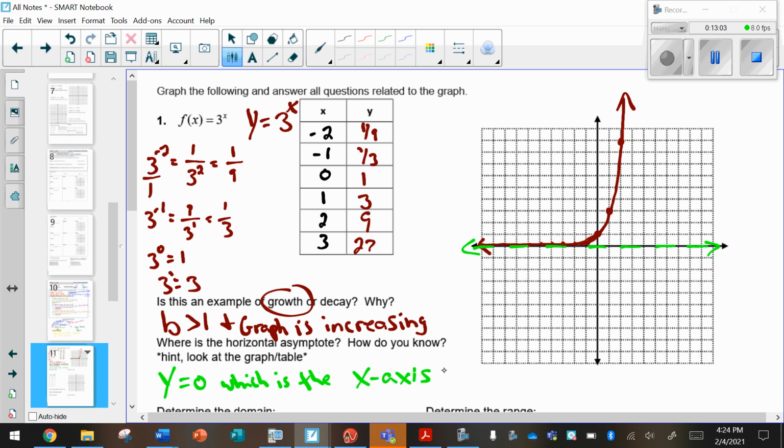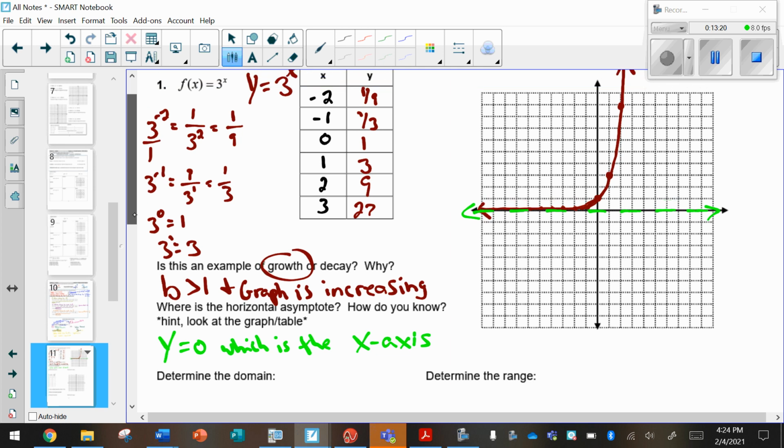And we know this because our table keeps getting reduced by 1/3 going backwards. And like I said with the 1/2, you keep cutting it in half, it never fully goes away. You keep dividing it by 3, it never fully goes away.